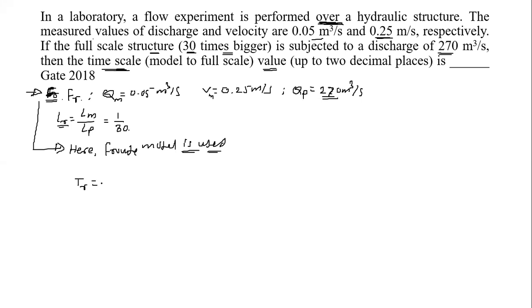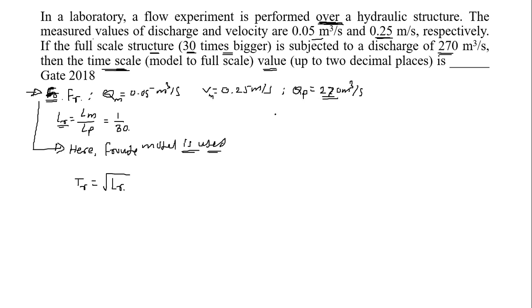TR is equals to, just now we have derived that, under root LR. If you are not remembering, then go for deriving it, and that will be the better one.